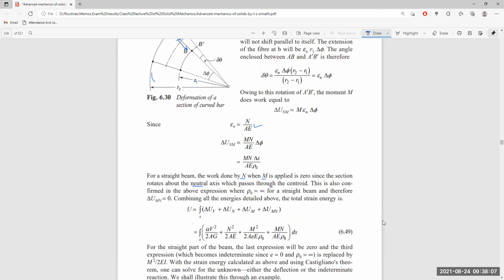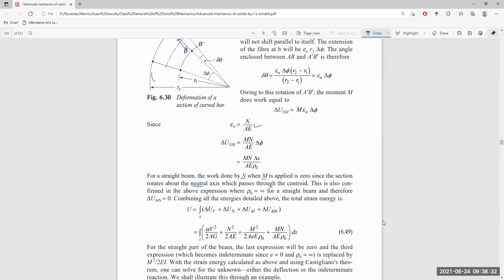And this is also confirmed in the above expression, where rho 0 is infinity, so the work done is equal to 0 for a straight beam. Therefore, if rho 0 is infinity, or the bar is a flat surface, this is equal to delta UMN 0.